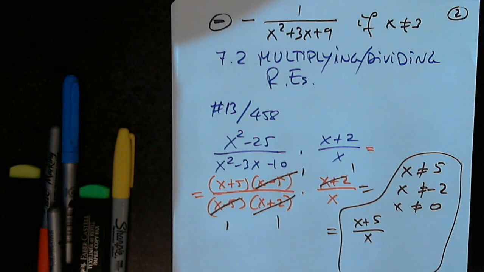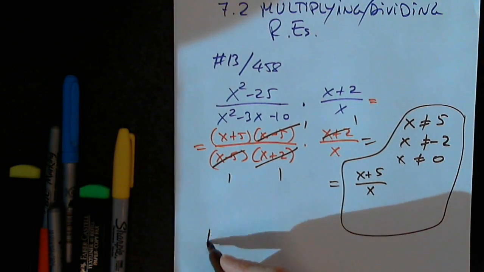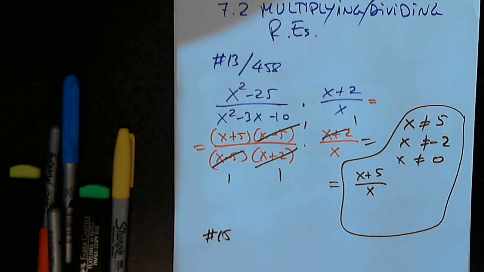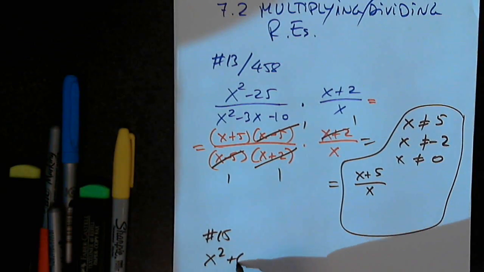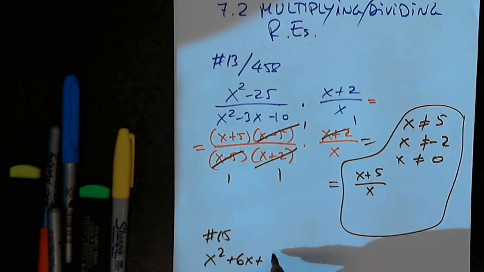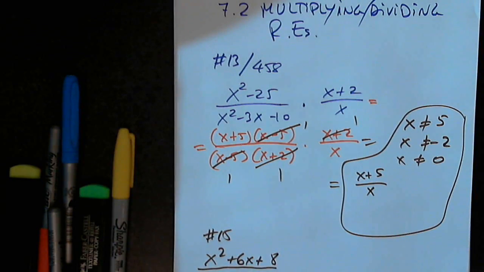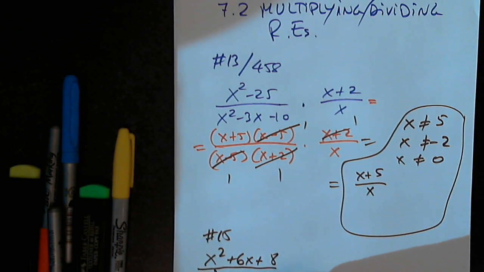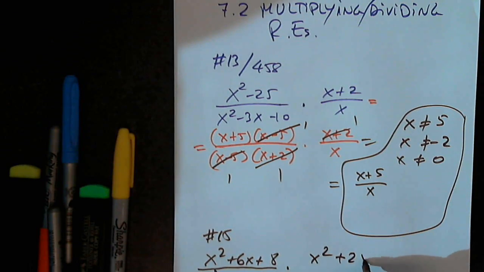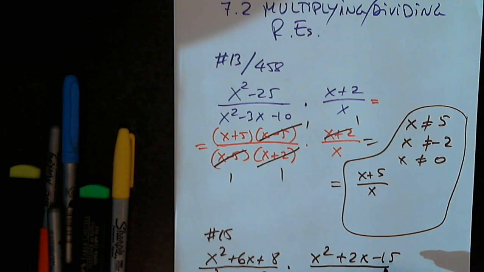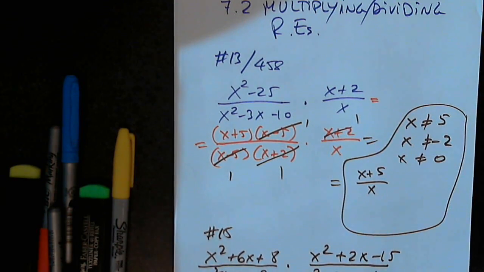Let's look at another multiplication. Any questions on this problem? Okay, let's look at 15. 15 is x squared plus 6x plus 8, everything divided by x squared plus x minus 20, and multiplied by x squared plus 2x minus 15, and divided by x squared plus 8x plus 16.